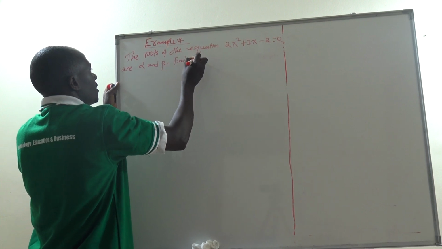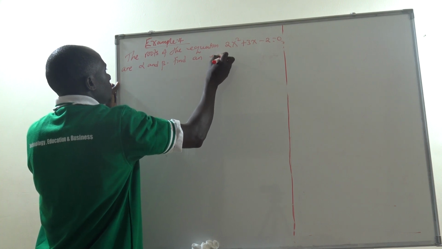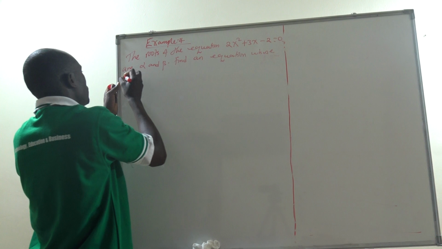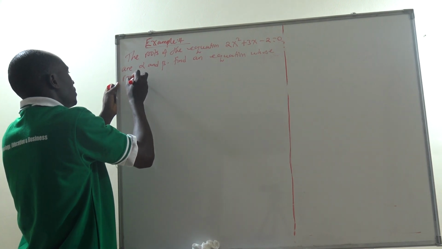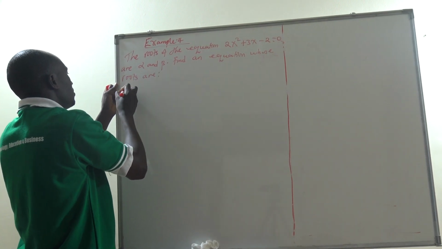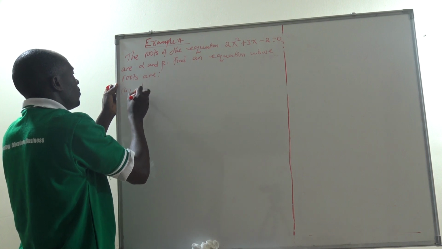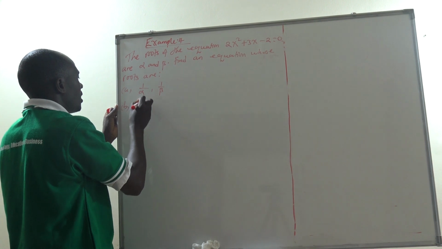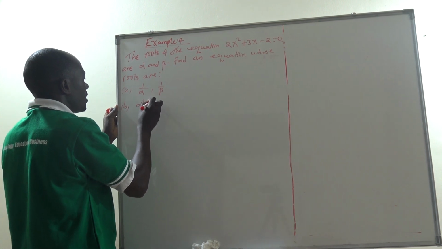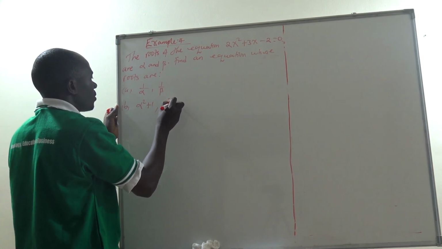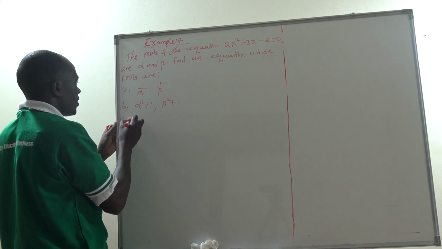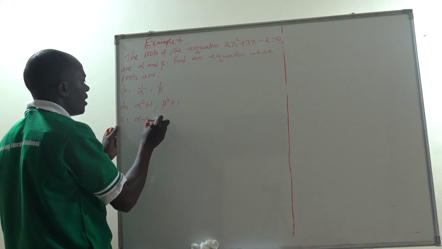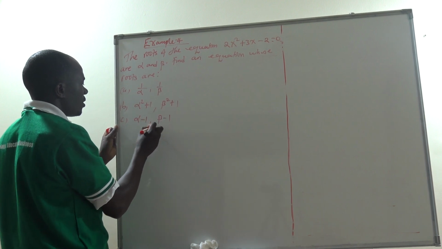Find an equation whose roots are part A, 1 over alpha, 1 over beta; part B, alpha squared plus 1, beta squared plus 1; part C, alpha minus 1, beta minus 1.